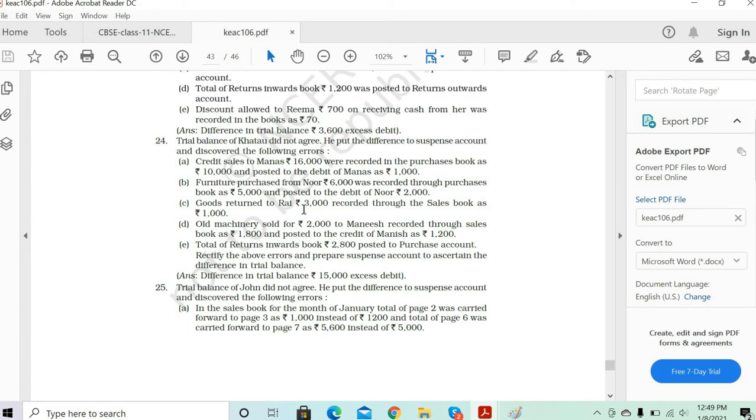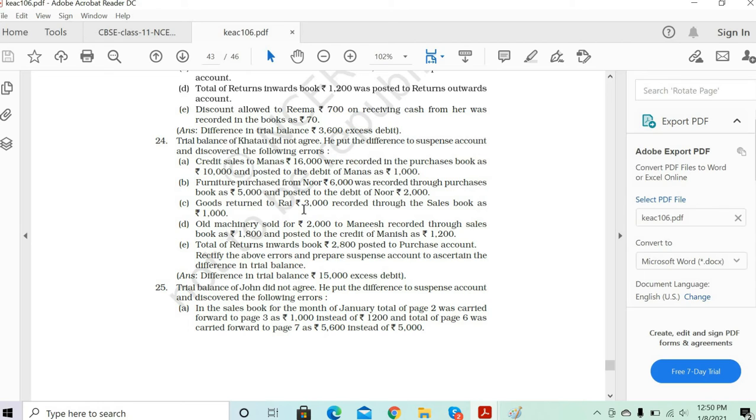When they say it was recorded through the sales book as 1,800, the wrong entry passed was Manish account debit 1,800 to sales account 1,800, right? That is what he mentioned here: and posted to the credit of Manish. If that was not there, then I could understand that your statement is correct.